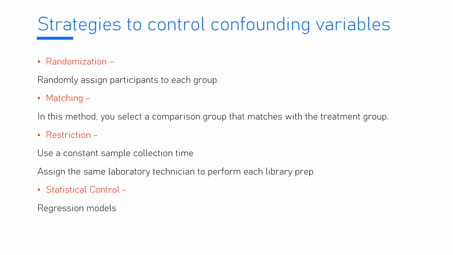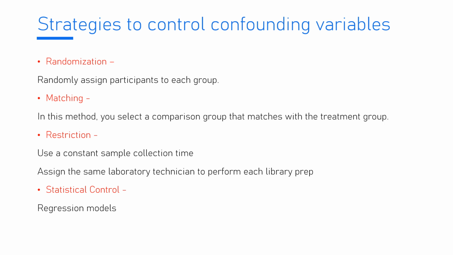We should randomly assign the treatment and the control participants, or in this case the cultures, to each group, and then carry forward with the isolation or sequencing experiment or even treatment.